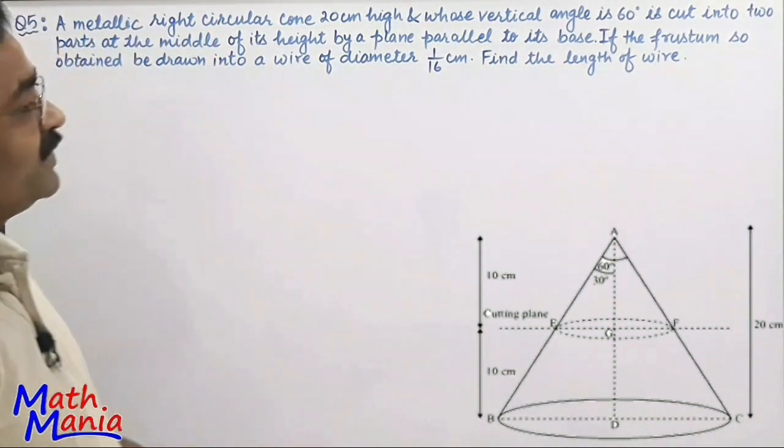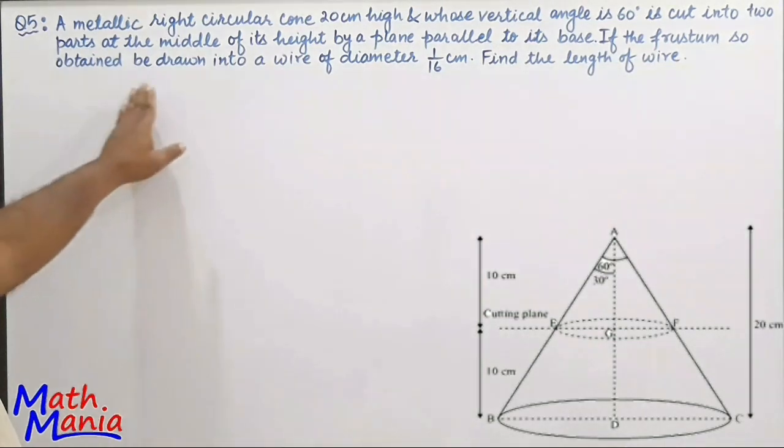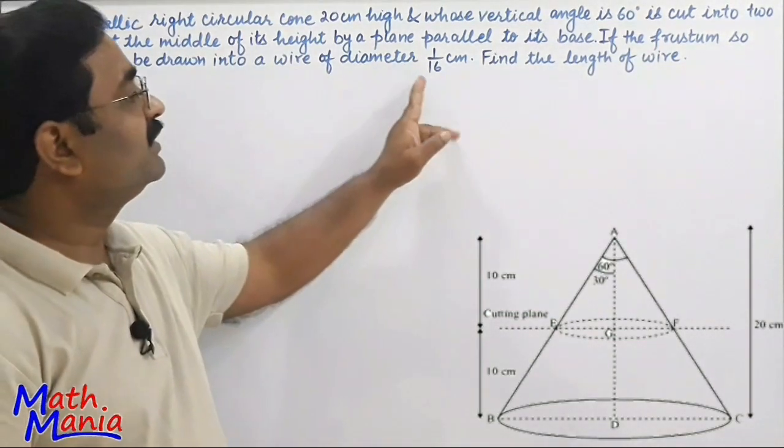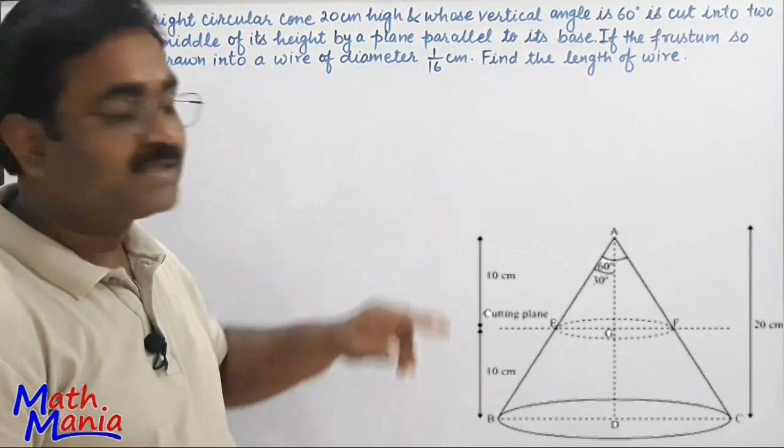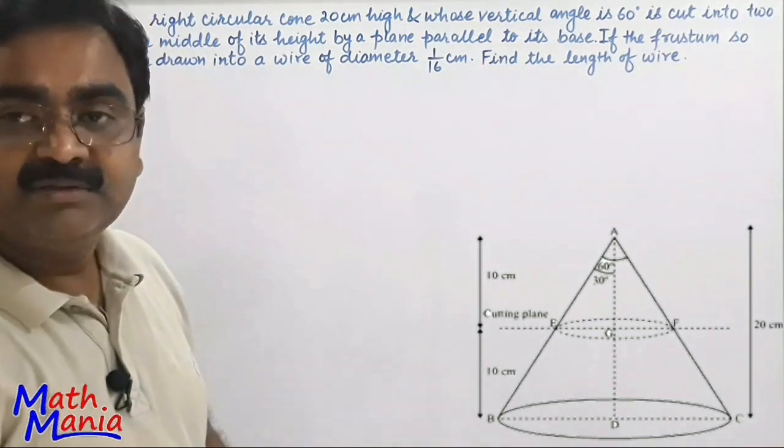If the frustum so obtained be drawn into a wire of diameter 1 upon 16 centimeter, find the length of the wire.